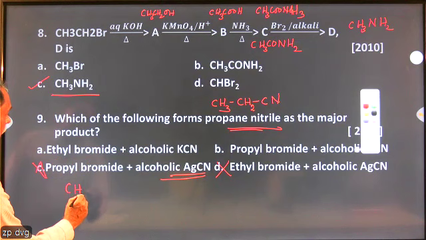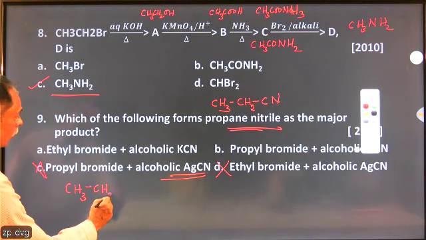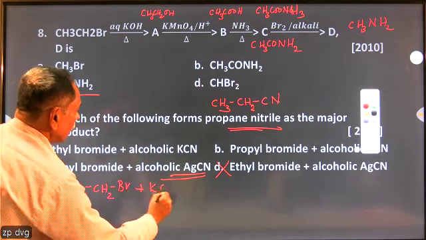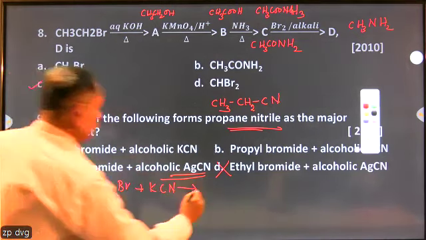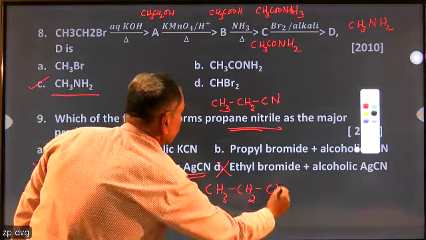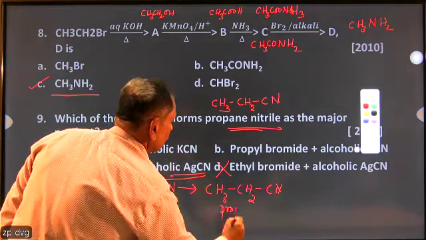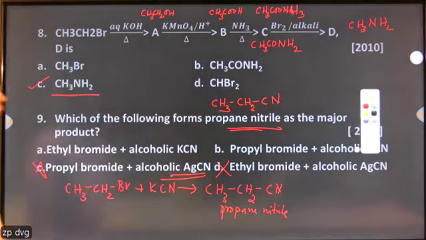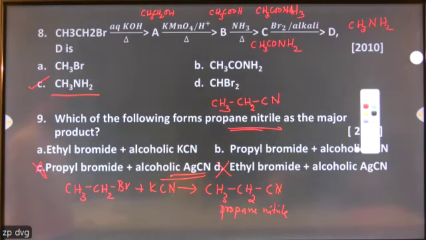Now ethyl bromide, when you treat with alcoholic potassium cyanide, you get propane nitrile. So the correct answer is ethyl bromide plus alcoholic KCN.